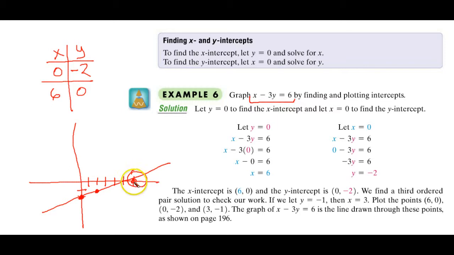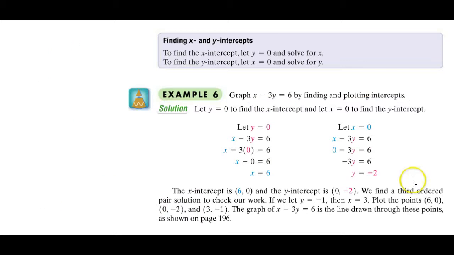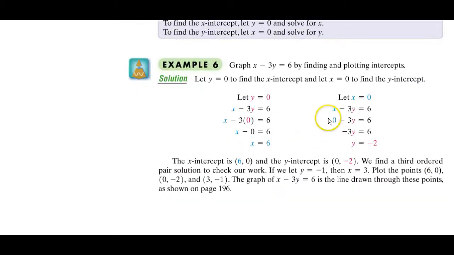Well, MyMathLab counts that incorrect because they've asked you to plot the intercepts, and you used another technique, not the intercept. So you want to be careful of that. Now, if on a test you did that, let us know, and I could give you the credit for it. But try to follow the instructions. Okay, let's go on.